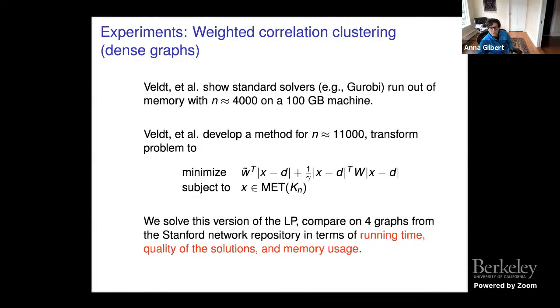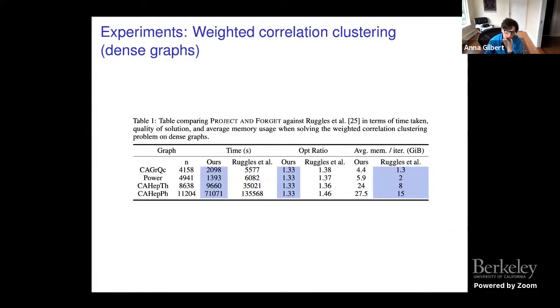So we took 4 graphs from the Stanford Network repository and compared the running time, quality of the solutions that we got, and how much memory we used for the same graphs that Veldt did. So when they did the implementation, Gleich and Veldt added someone else, Ruggles. So it's Ruggles et al. And we took the same 4 graphs that they did.